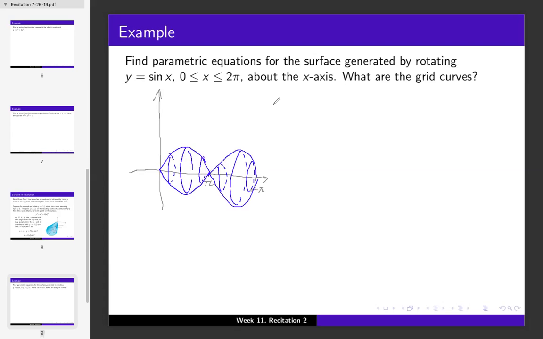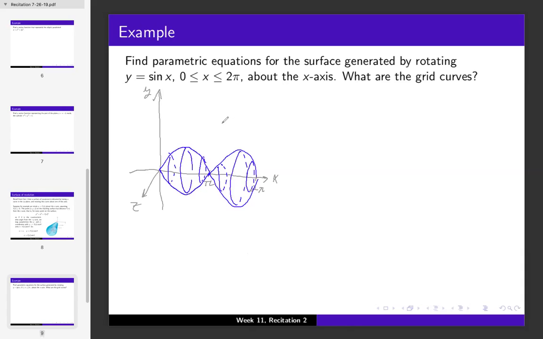So that's the surface we're going to end up getting, a bit poorly drawn, but you see what I'm trying to get at. Just for reference, this is the x-axis and this is the y-axis, and that's what happens when you rotate it about the x-axis. In this formulation, the z-axis is poking up out of the page. And what's that going to give you?